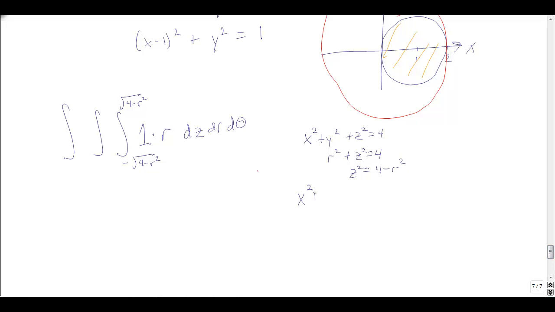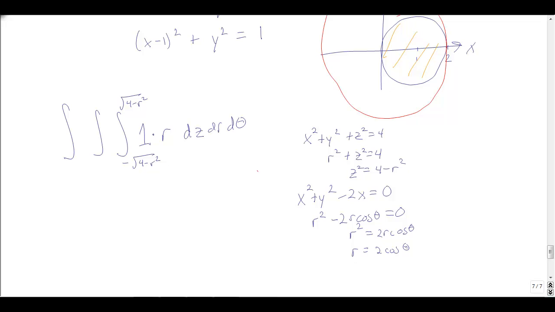Convert everything to cylindrical: x squared plus y squared is r squared, and 2x is 2r cos theta, so r squared minus 2r cos theta equals 0. I can move the 2r cos theta to the other side. As long as r is not 0, which is an isolated point so I don't really care, I can divide by r, and I get r equals 2 cos theta.